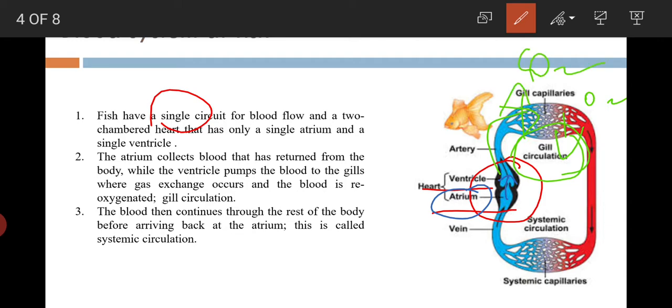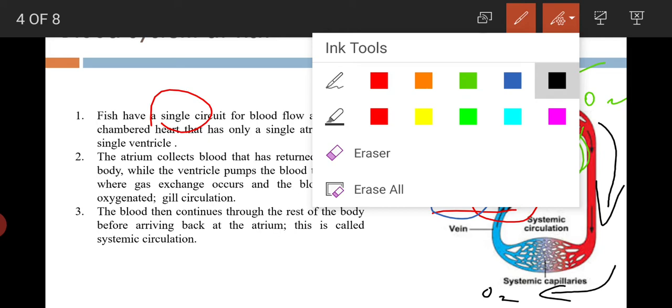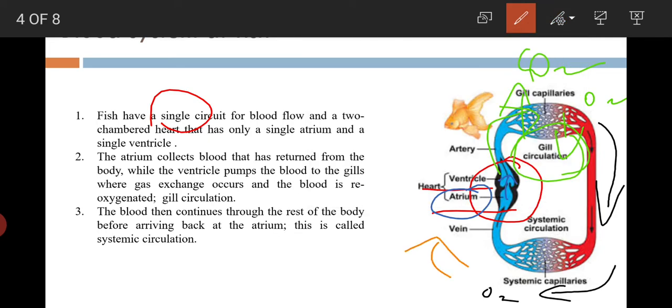Now the blood is oxygenated, and it is transported to the whole body of the fish, which means it enters the systemic circulation or the capillaries, where gas exchange by diffusion happens again, when oxygen is given to all the cells and the carbon dioxide is taken back, and so the blood returns to the heart.